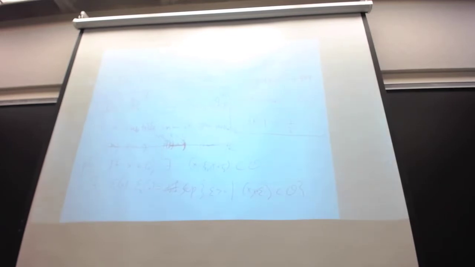All right, so trivially, O, we've done this at every x, is a union over all x in O of these intervals. Let's call this interval I sub x, where I sub x is x minus epsilon 1 of x to x plus epsilon 2 of x. And if one of these is infinite, that's okay.